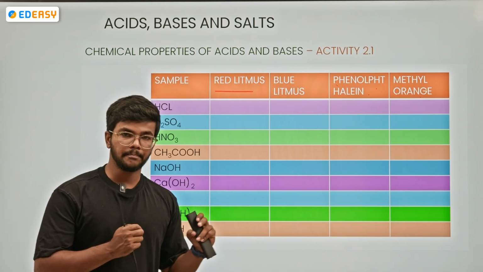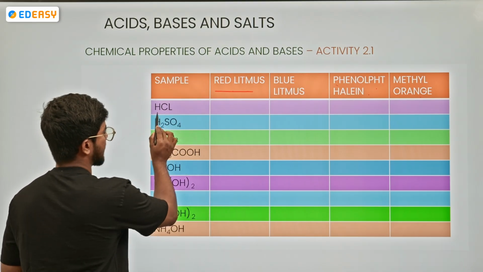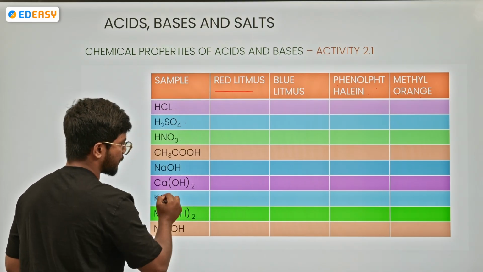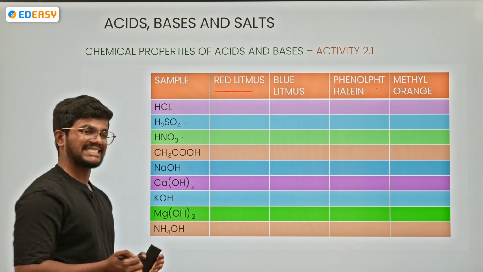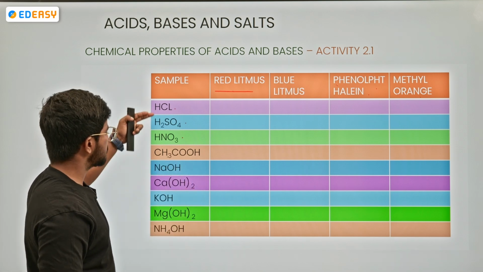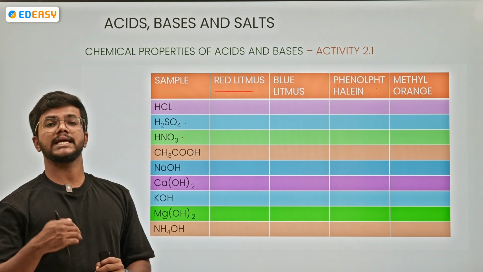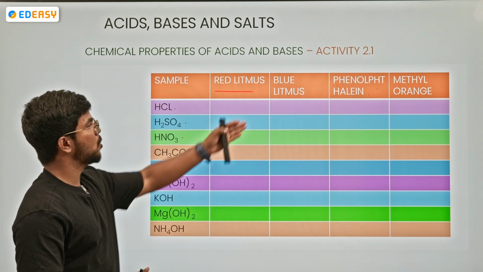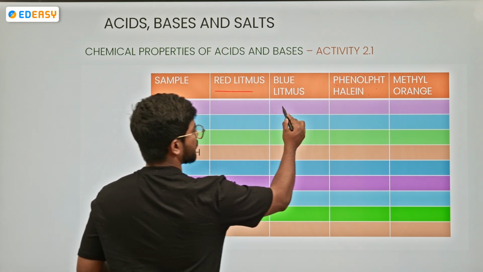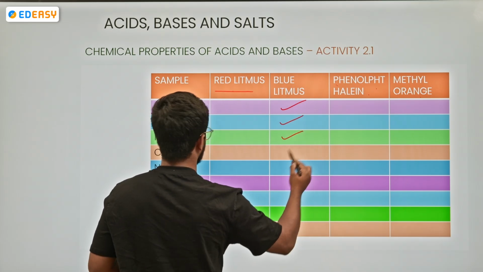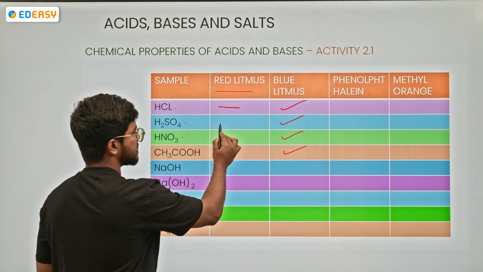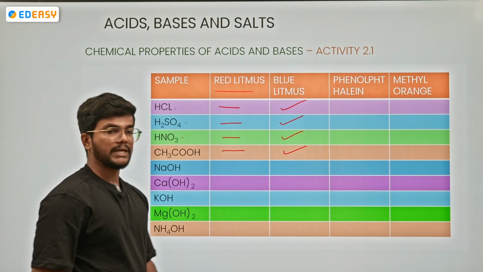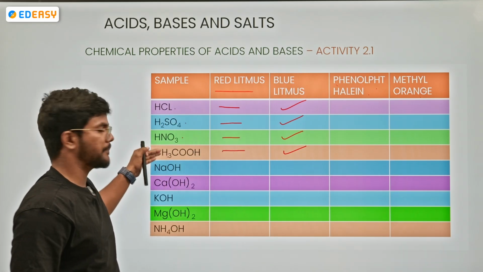When you dip these solutions like HCl, H2SO4 and HNO3, CH3COOH, that is acetic acid, these all solutions are acids, so they change the color of the blue litmus only. You can find the changes in the blue litmus, whereas red litmus doesn't change its color because these solutions are acids.